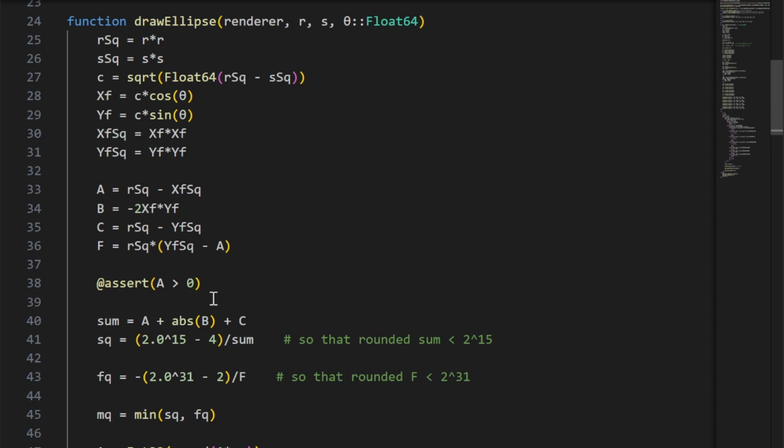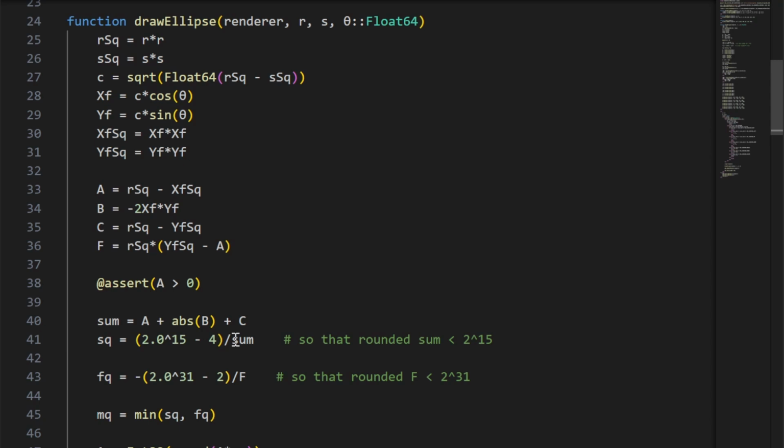Now here's the trickery. What I want to do is make it so that the values A, B and C, and in fact the largest value that I can see that we'll actually use in the formula itself, in the algorithm that De Silva provides, will be this value here. It'll actually be twice this, so it'll be 2A plus twice the absolute value of B plus twice C. And I want that value, once we've scaled everything, to fit into a 16-bit integer.